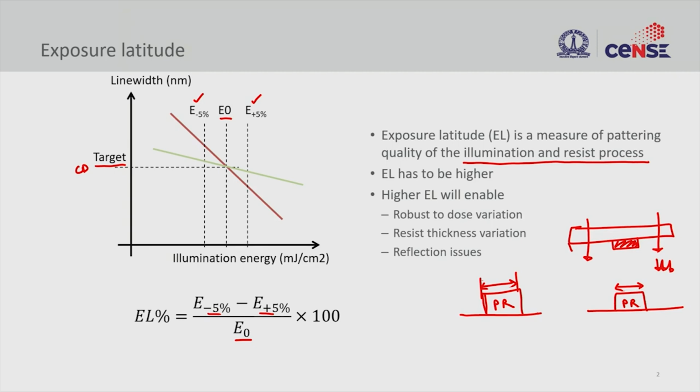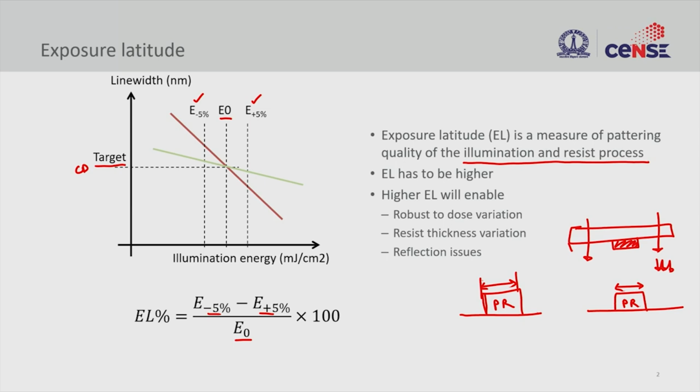This is very natural to expect, because when you are illuminating, it is very hard to expect that your illumination will always be constant. There could be some fluctuation in the illuminating dose. That is one cause. The other cause could be your wafer itself.